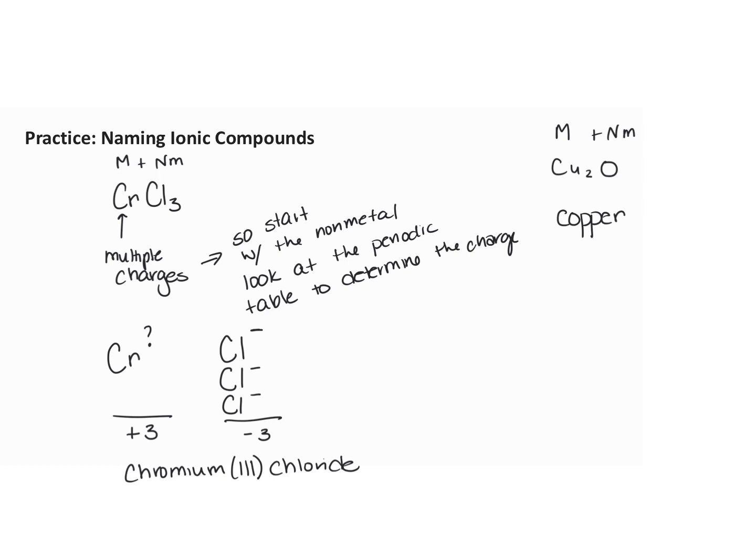When this happens, we start with the non-metal. So we look over at oxygen, we go to the periodic table, and we say, look, oxygen has a -2 charge. And I want to erase that copper there because I want to move it down. I don't like the placement of it. So oxygen, when I look at the periodic table, it's got a -2 charge.